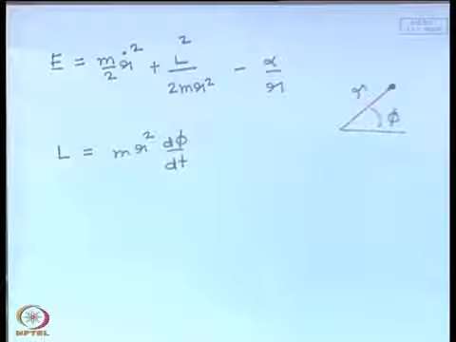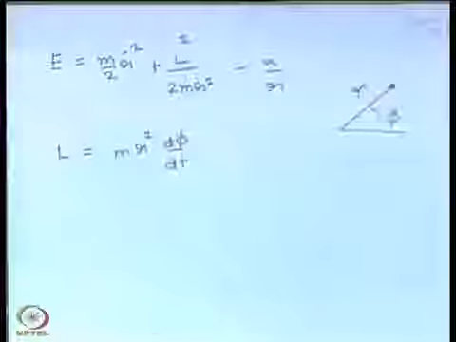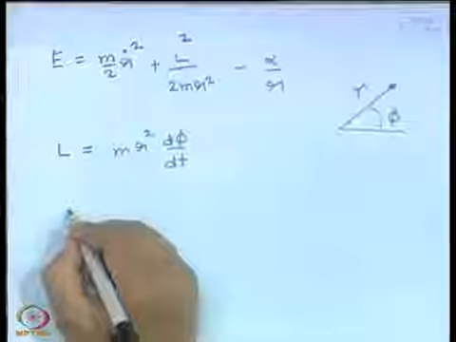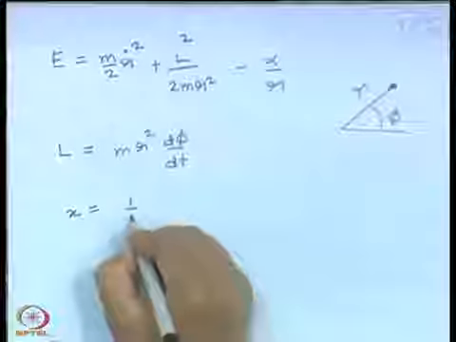We proceed as I had outlined in the last class. We proceed by eliminating time from this whole thing, and it is also convenient to introduce x, which is 1 by r.